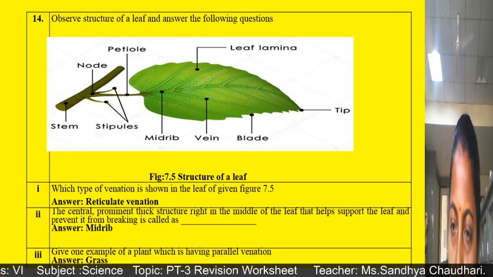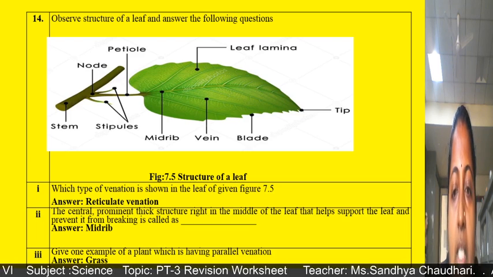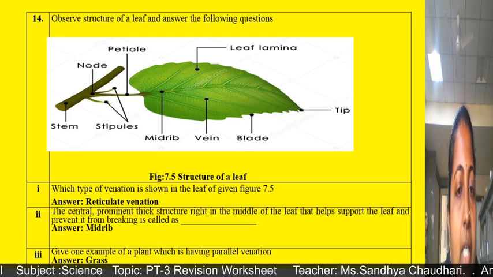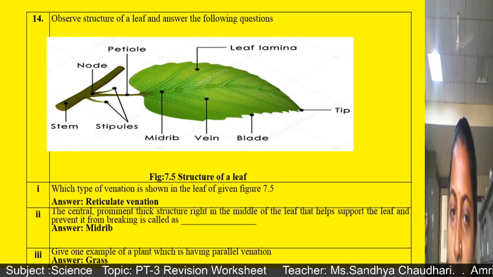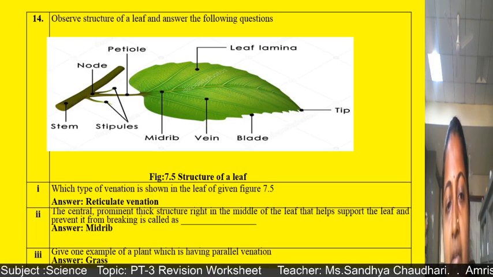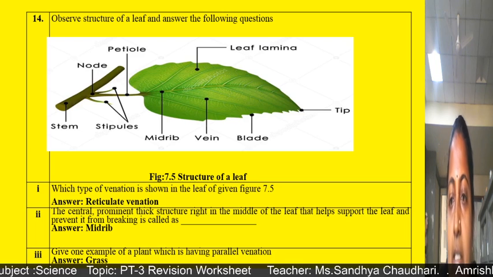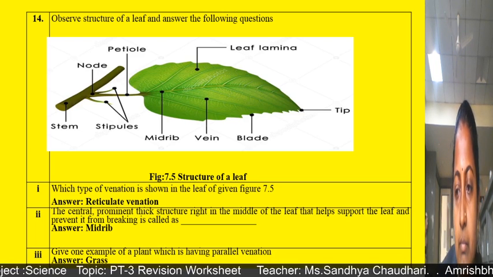That is reticulate venation, and the central prominent thick structure in the middle of the leaf that helps support the leaf and prevents it from breaking is called midrib. So the only expected answers are reticulate venation, midrib, and one example of a plant having parallel venation. You can write grass, maize. In this way the question may be asked.